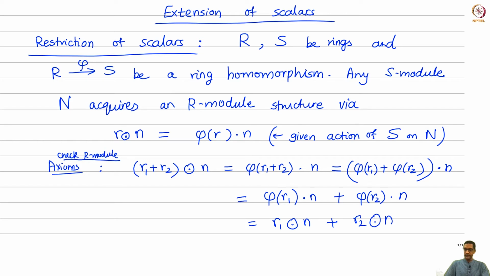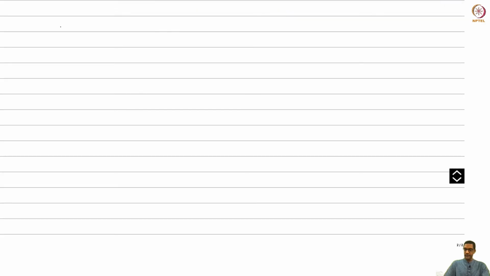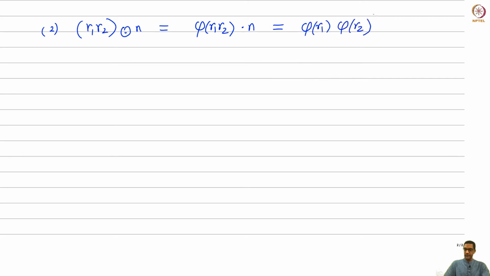Now, two things. On the right hand side it's a module over S, so those axioms are satisfied, and phi is a homomorphism of rings, so in some sense everything will carry through similarly. So property 2, for example, is R1 R2 acting on n. What's that? It's phi of R1 R2, which is the product, because phi is a homomorphism.